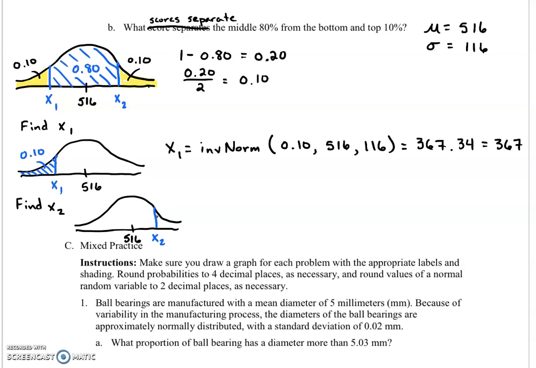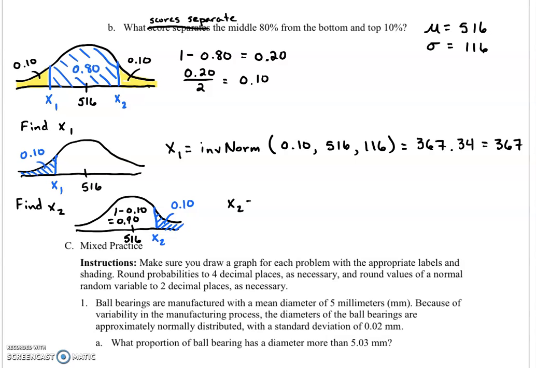And we know that the area to the right of it is 0.10. Remember though, the calculator needs area to the left side. So we do 1 minus 0.10, which gives us 0.90.